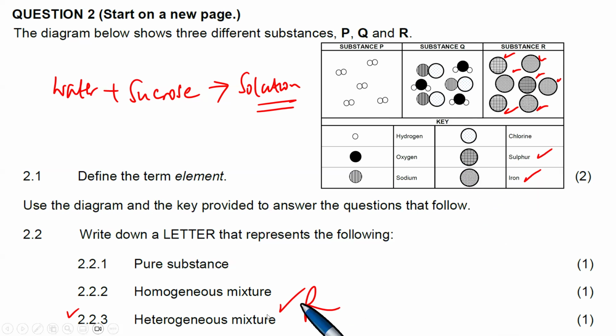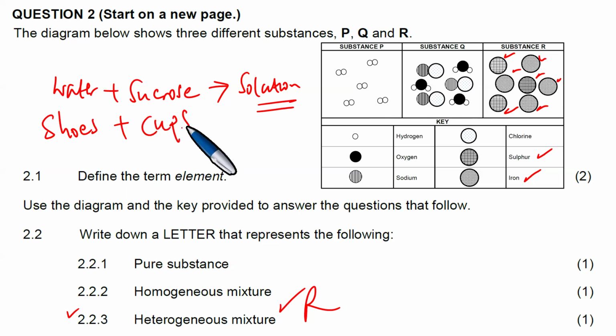In a heterogeneous mixture, we are still able to see the reactants, if you like. If you mix shoes plus cups, you put shoes and cups together, this is an example of a heterogeneous mixture.